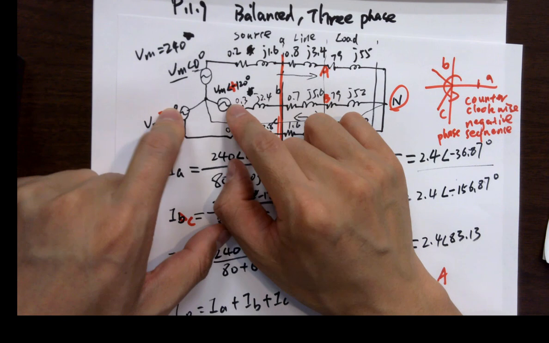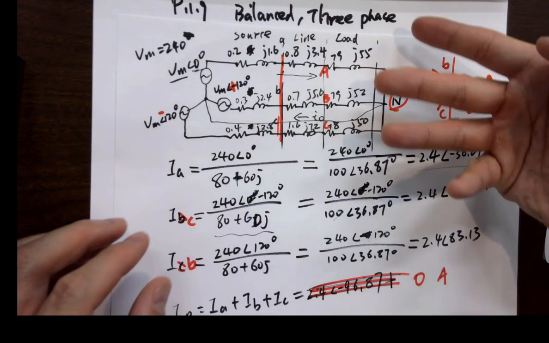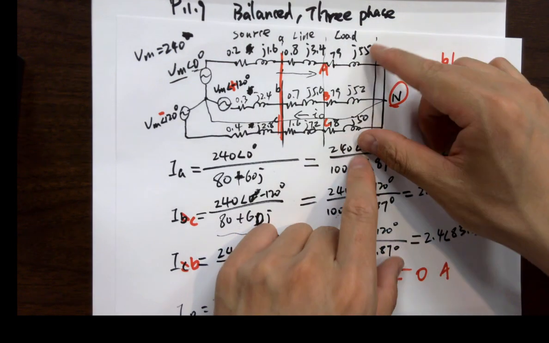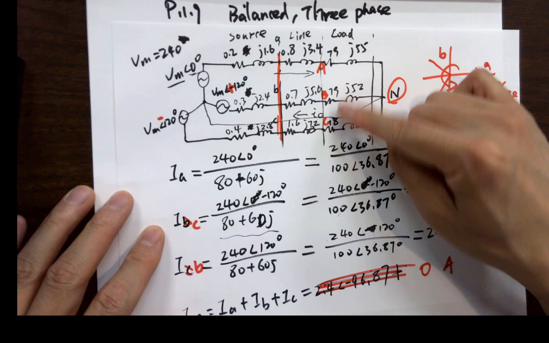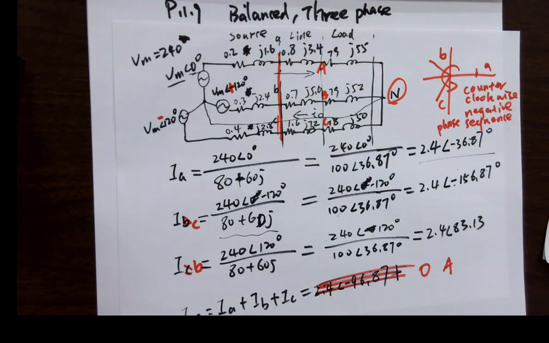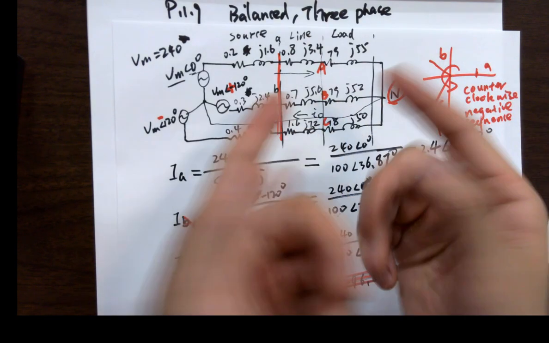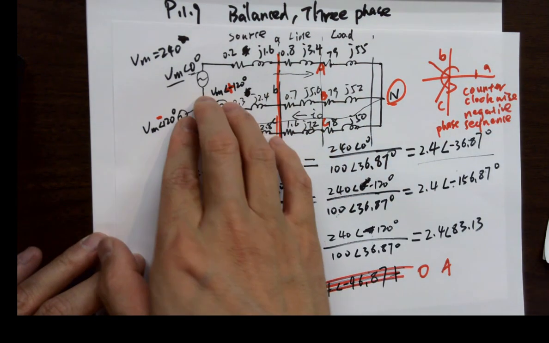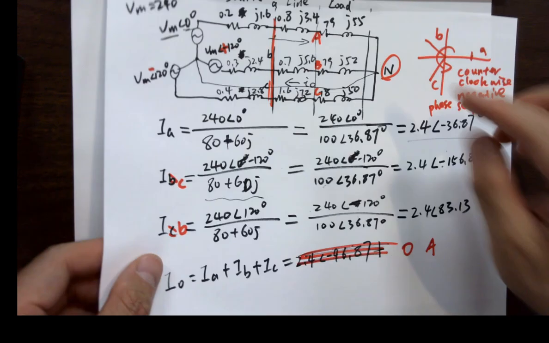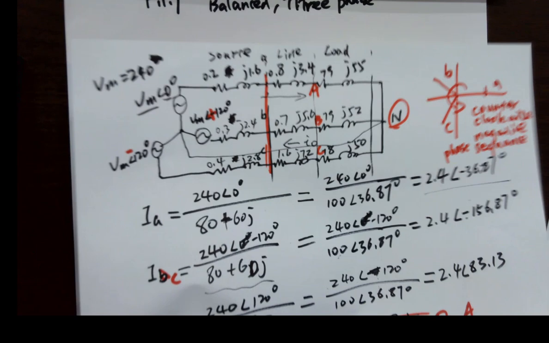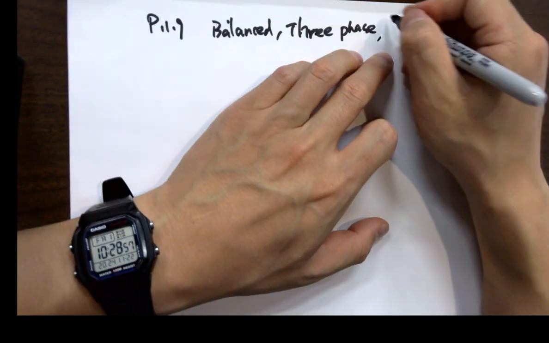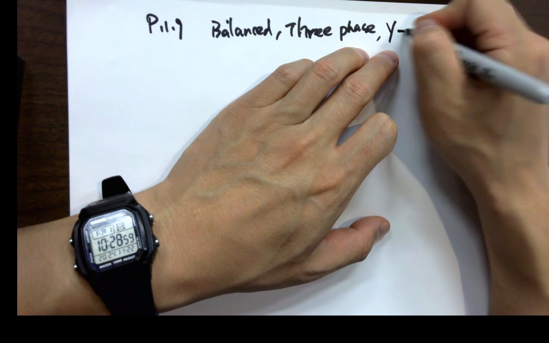It's a Y for the source and Y for the load. Although it doesn't look like a Y, you know that it's 1, 2, 3, three different branches forming a Y connection. You can draw it in the Y shape. So it's a Y for the source and Y for the impedance, the load. So it's a YY connected 3-phase system. If you see this YY connected, you should know what that means.